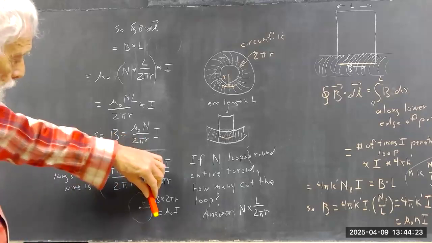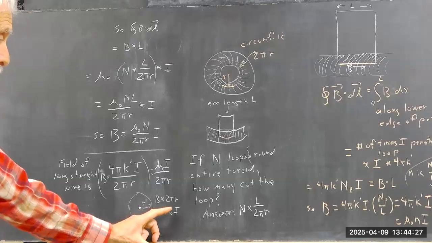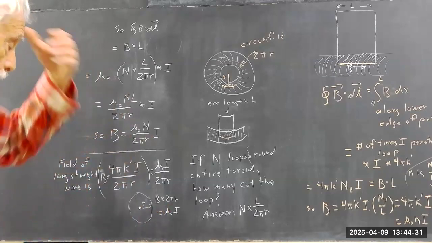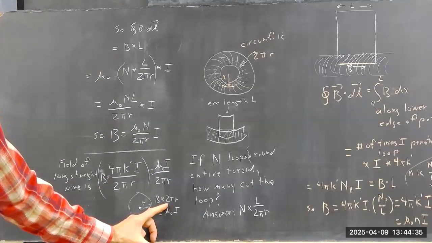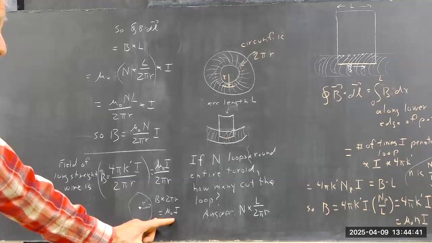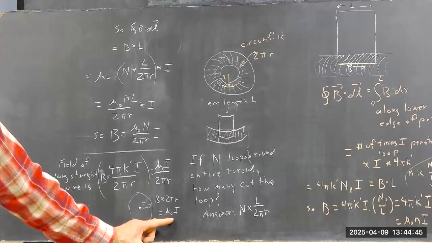The magnetic field just surrounds like this. Okay. So you multiply B, which is uniform around this loop by symmetry, times the length of that loop, which is the circumference, 2 pi r. And again, you get mu naught I or 4 pi k prime I. And that's Ampere's law.